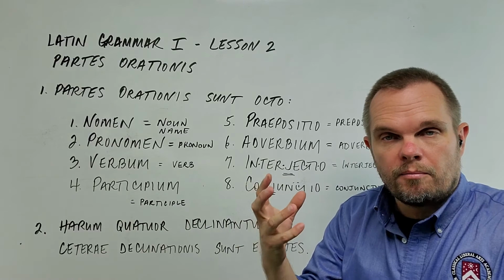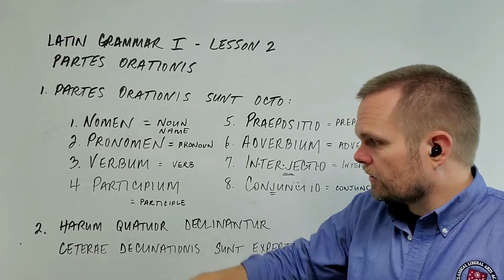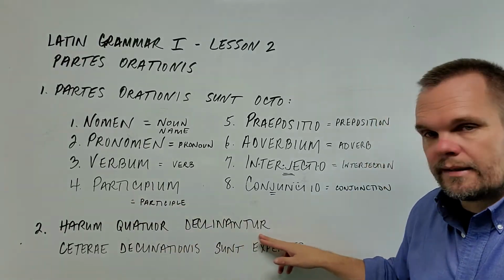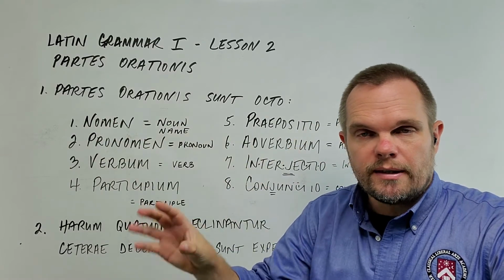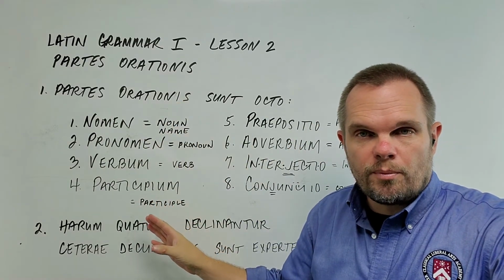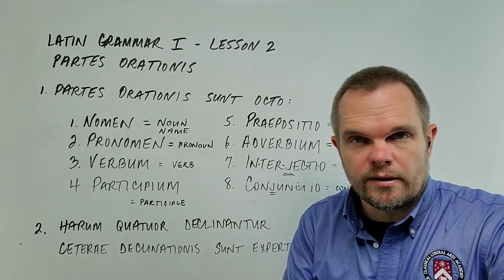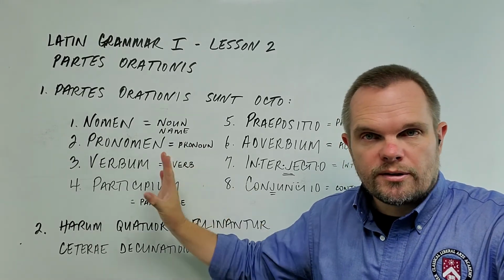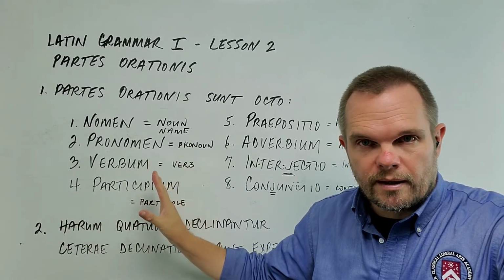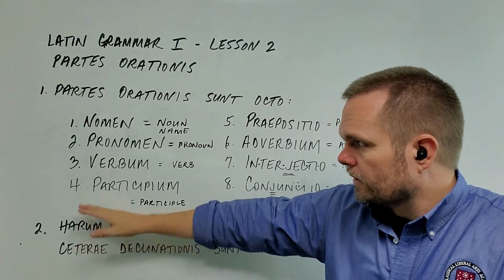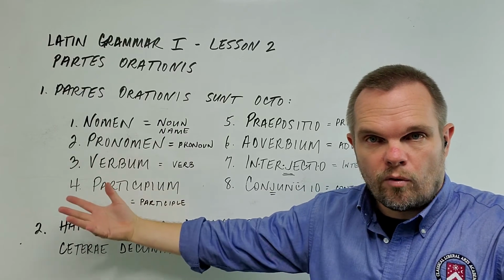There's one basic form and then a bunch of other forms because these words are declined. Okay? The way that ideas are expressed using these 4 parts of speech make use of different forms to communicate different ideas. And again, we're going to study that through this whole Latin Grammar 1 course, so don't worry about what that means.